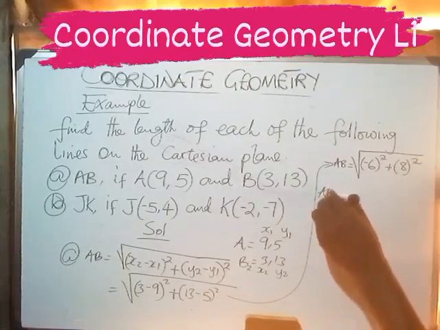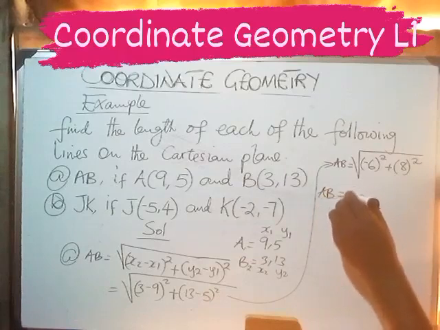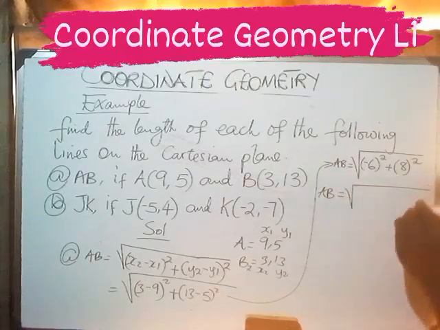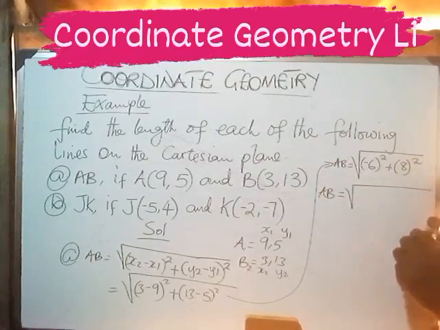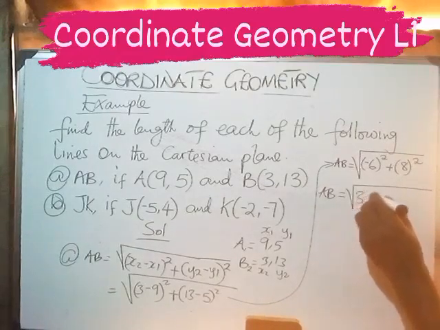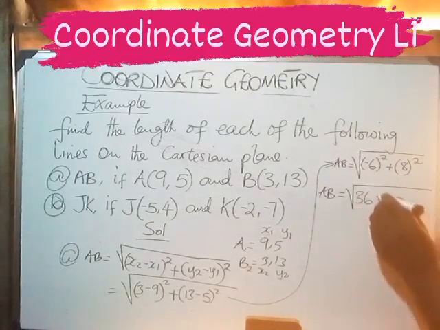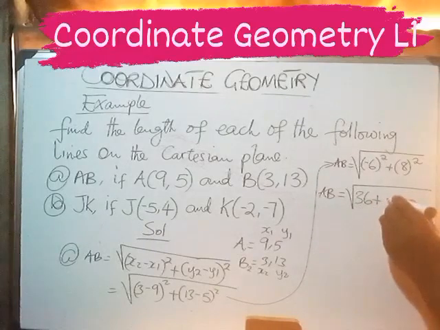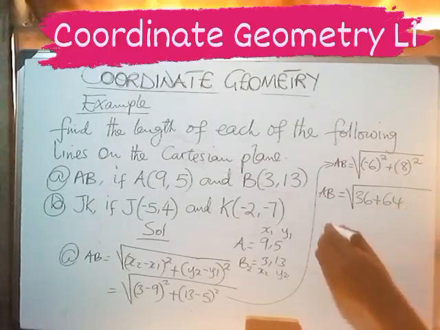So we are going to have our AB is equal to negative 6 squared, we have positive 36, then plus 8 squared is 64.